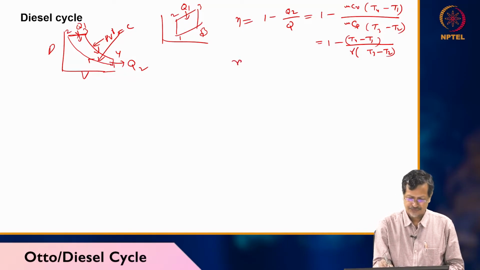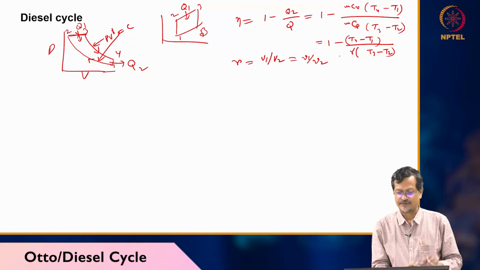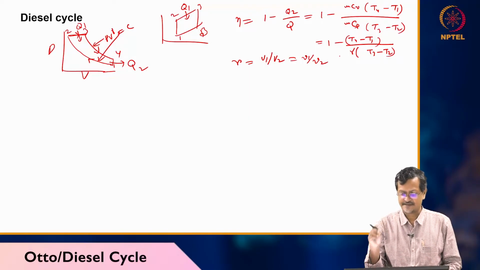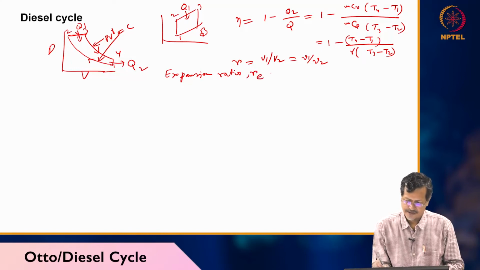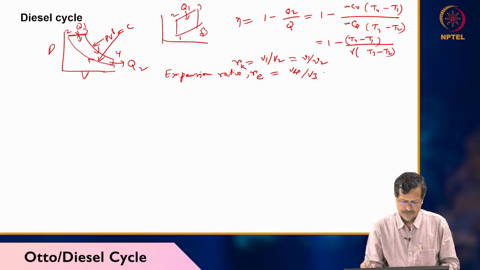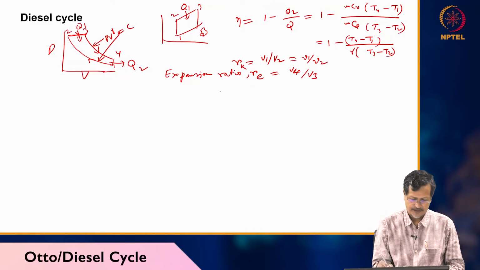Compression ratio R equals V1 by V2. Specific volume can be written as small v; many times we specify specific volume per kg, but if we have a mass value, we write capital V. That is the usual notation. Expansion ratio: RE equals V4 by V3.